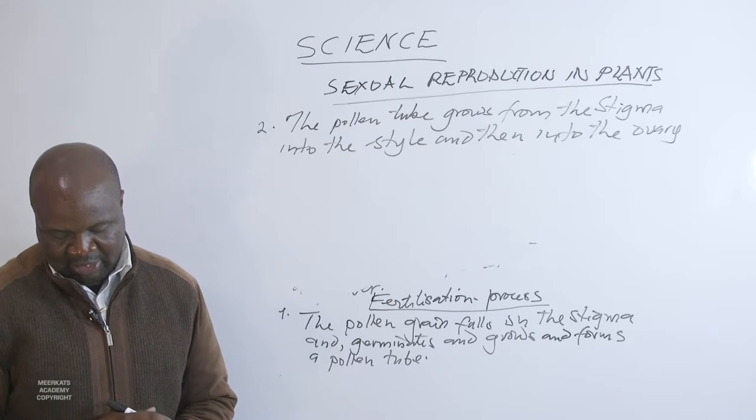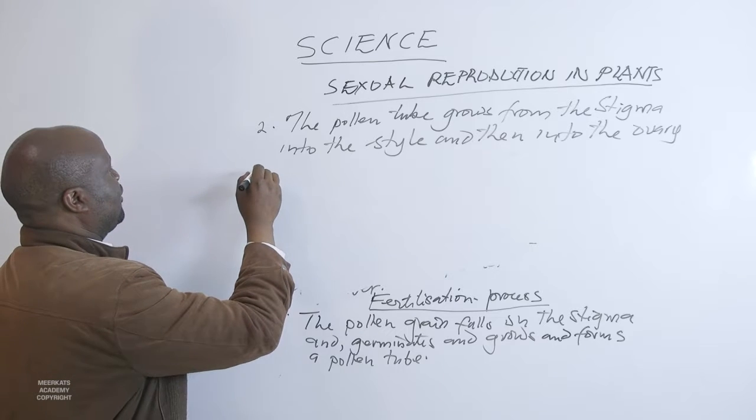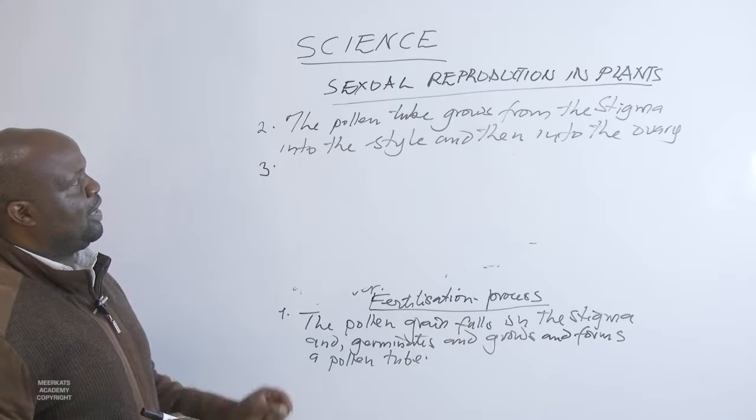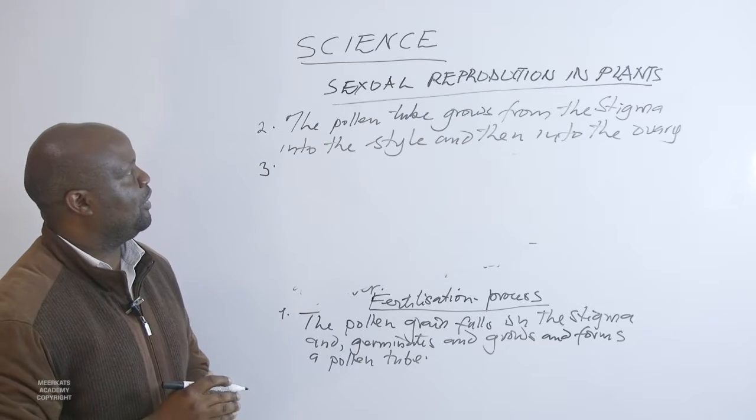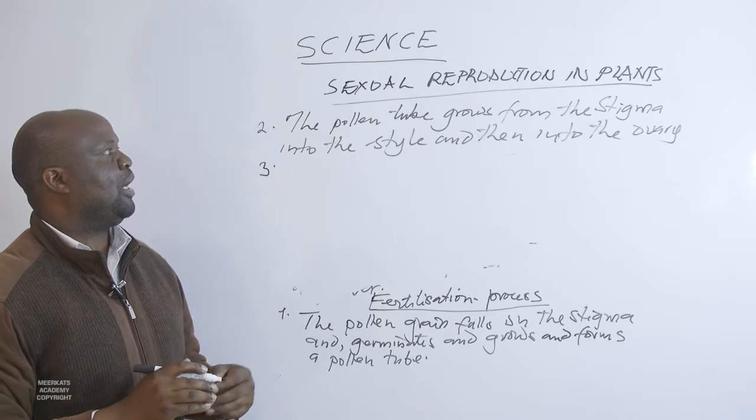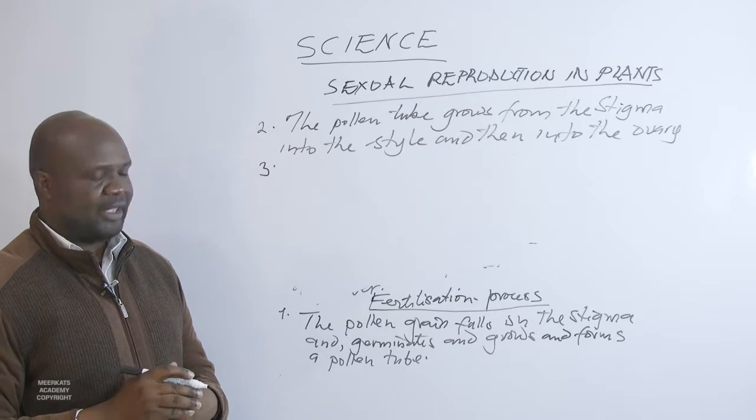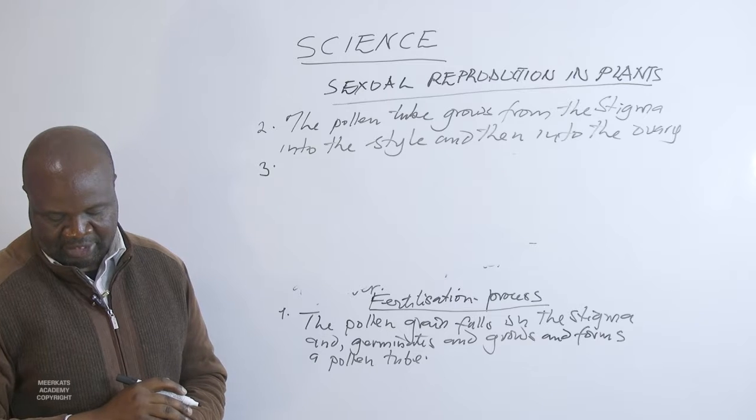So the next process that takes place after the pollen tube grows from the stigma to the style and then into the ovary, what happens on the third?